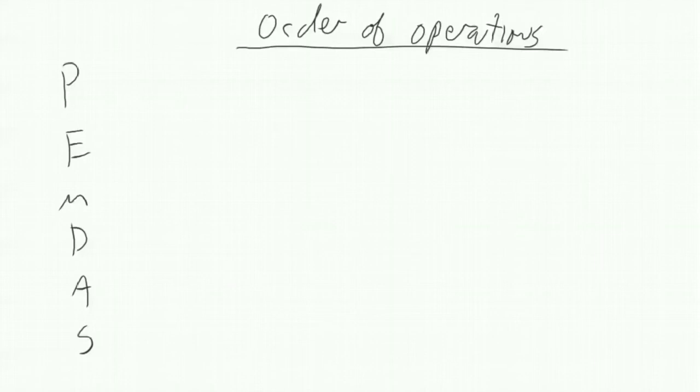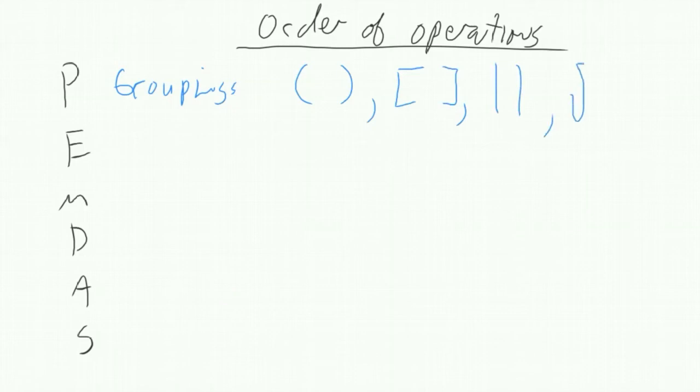I like to think of it as groupings instead, because there is more than just parentheses. There is parentheses, but there's also brackets. There's also absolute values, and there's also square root. And we're going to talk about these in a little more detail in a minute. But you have to do what's inside of these first. That's why it's the first in the order of operations.